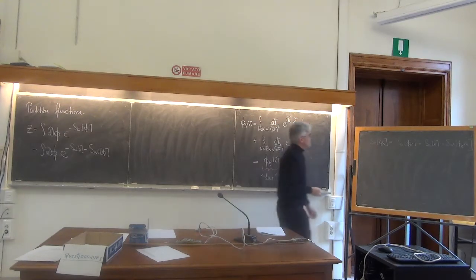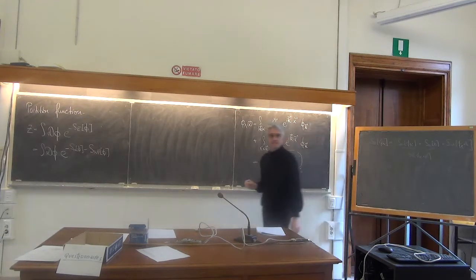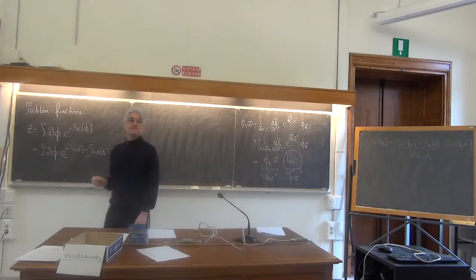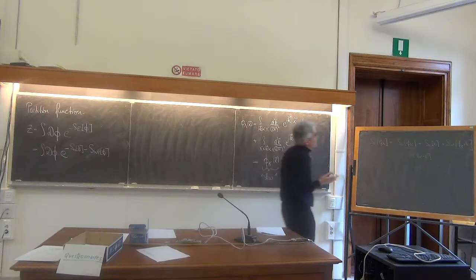Okay, so why do I get this structure? Obviously this is the same as S naught of phi lambda prime plus H, because you can split in that part. But how can I split?